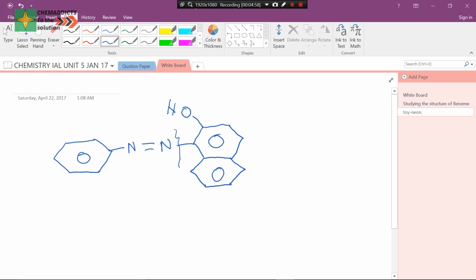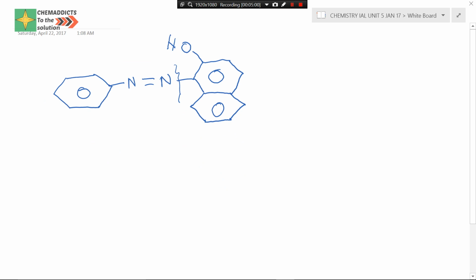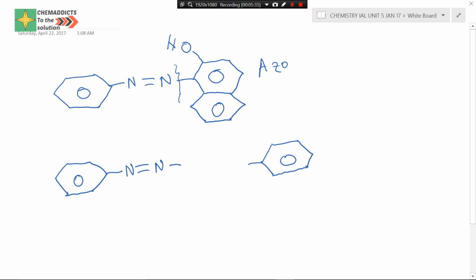So if we break this down, we're gonna get something like this. We have just split the azo dye into two parts.